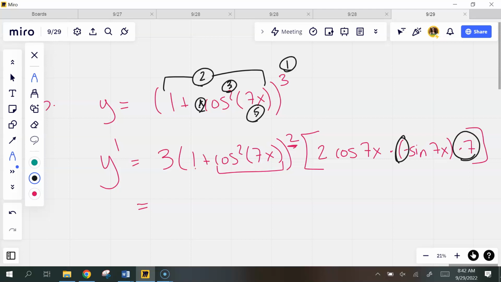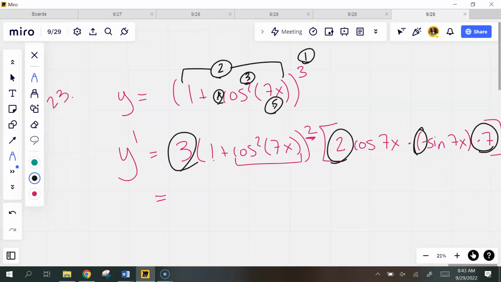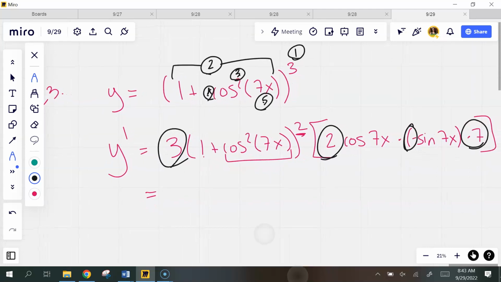There's a negative here, the 2, and the 3. Negative 1 plus cosine. And then times cosine 7x.